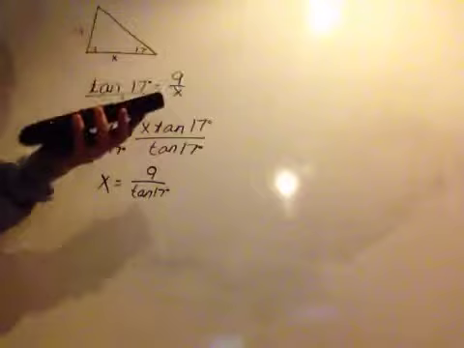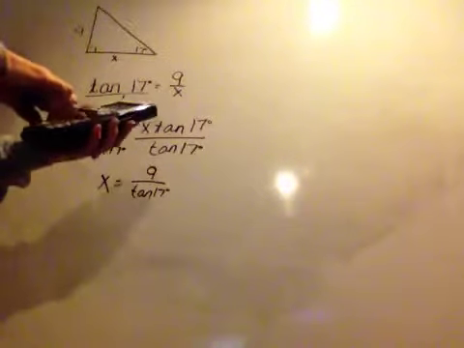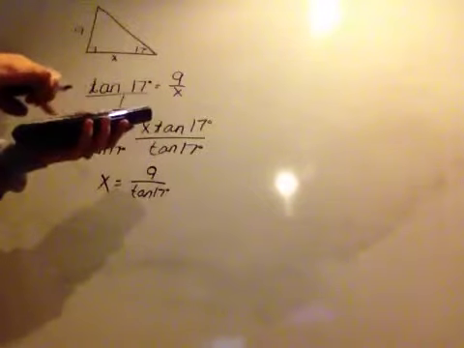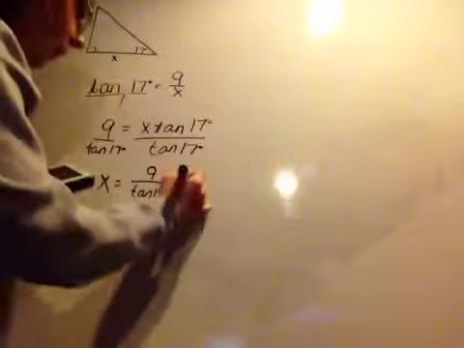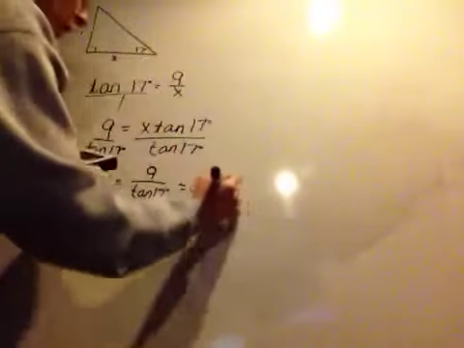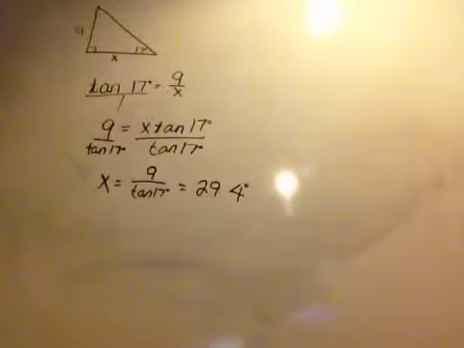And then you can do second mode to get out of there. So then you're going to do 9 divided by, and then you're going to use the tan button, and then you're going to type in 17, close the parentheses, and you're going to get an approximate answer. Let's just tell it to round 29.4 degrees.